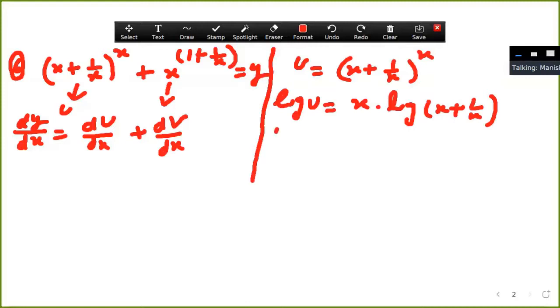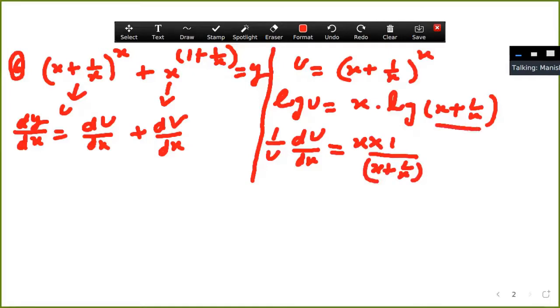Now differentiate it. This is 1 upon u du upon dx. With respect to x, we are doing derivative. X as it is, the derivative of log of t is 1 upon t, that is x plus 1 upon x, and derivative of x plus 1 upon x is, derivative of x is 1 and derivative of 1 upon x is minus 1 upon x square.